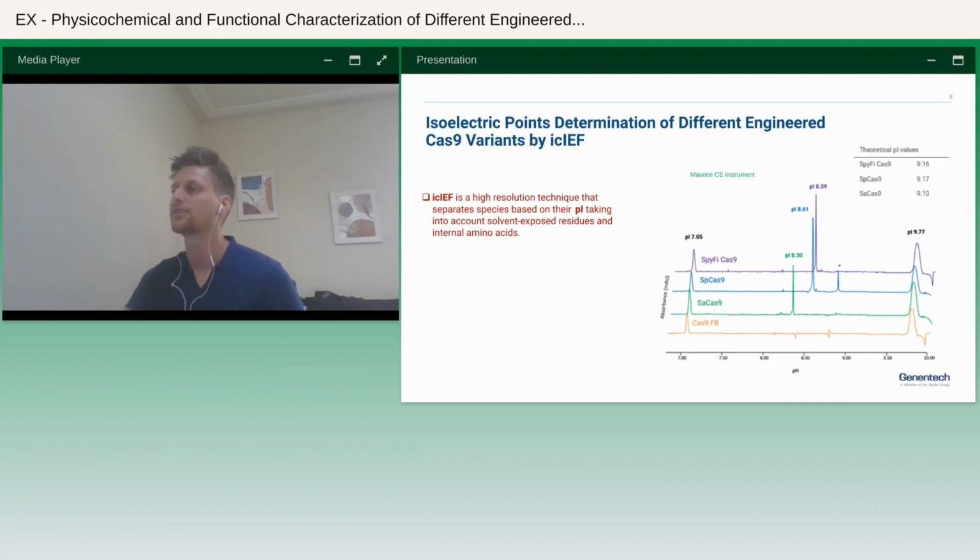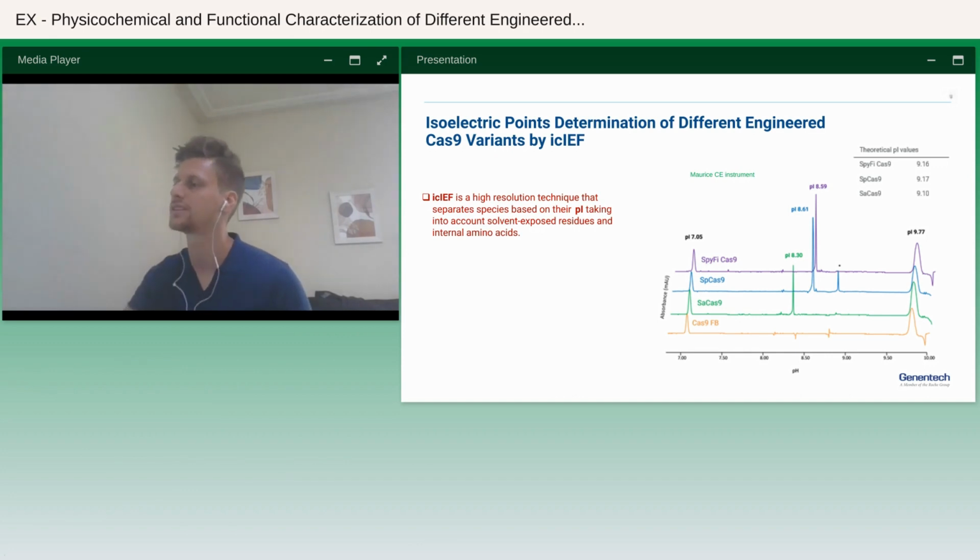Then a parameter that is really important is the isoelectric point. It's the case for all the proteins that we need to characterize. This technique is a high resolution technique that separates species based on their pI, taking into account solvent exposed residues and internal amino acids.